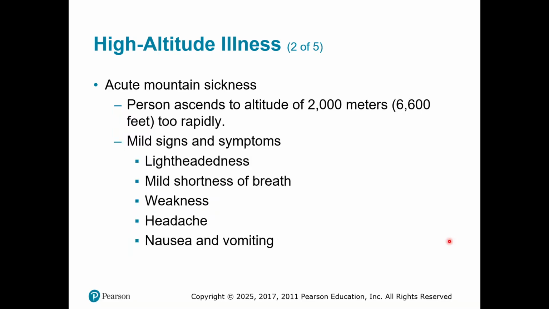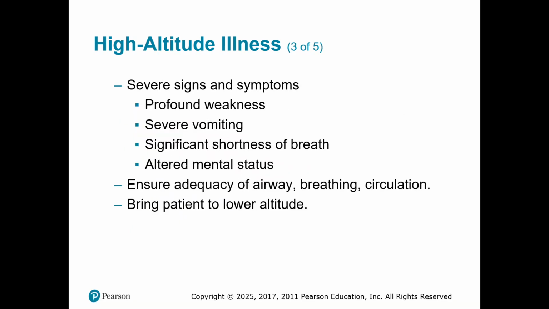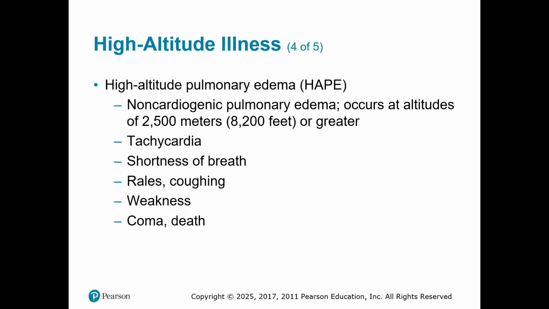Acute mountain sickness: a person ascends to an altitude of 2,000 meters, 6,600 feet, too rapidly. Mild signs and symptoms: lightheadedness, dizziness, shortness of breath, weakness, headaches, nausea, vomiting. Severe signs and symptoms: profound weakness, severe vomiting, significant shortness of breath, altered mental status. Make sure you ensure the adequacy of the ABCs and bring the patient to a lower altitude.